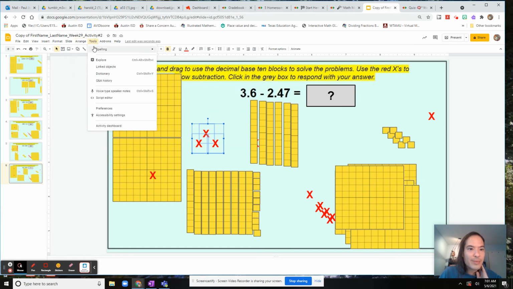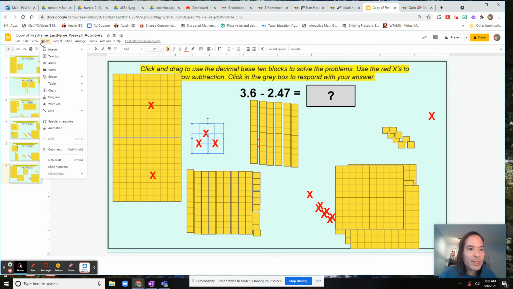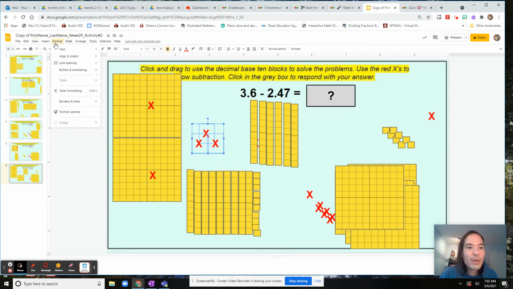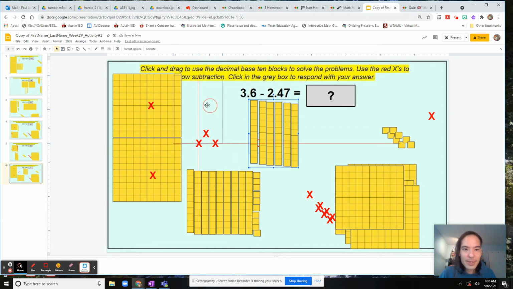Nope. Distribute. No. Okay, I'm having trouble with this today. Where's the move to front thing? I forgot where it lives. If you remember, good. I don't even know where it went. There we go. Bring to front. Okay. So these X's should be on the top now.